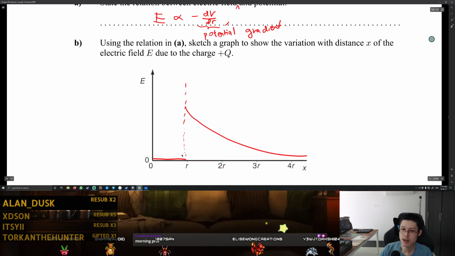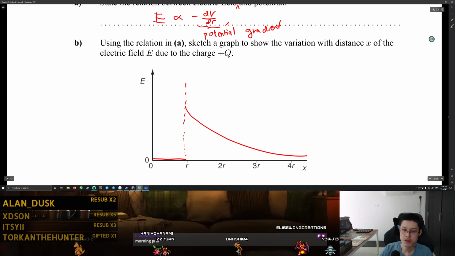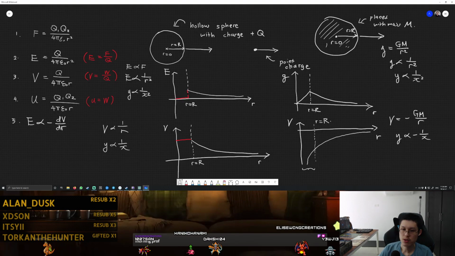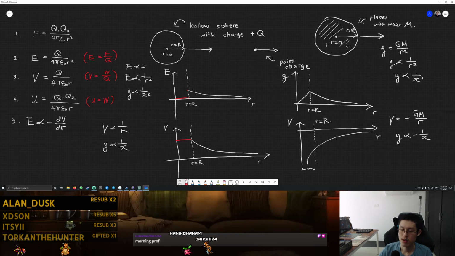Oh, by the way, I should mention that you shouldn't draw a line between this and this. So let me just go back here. You shouldn't draw this line over here. Don't draw this line. There.